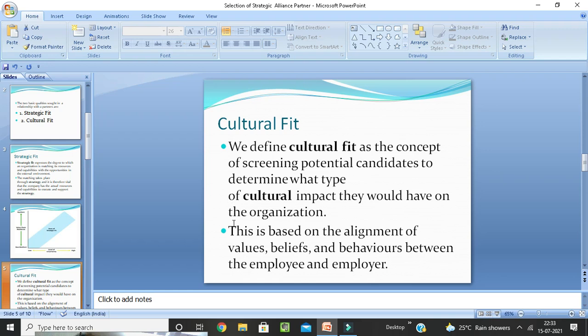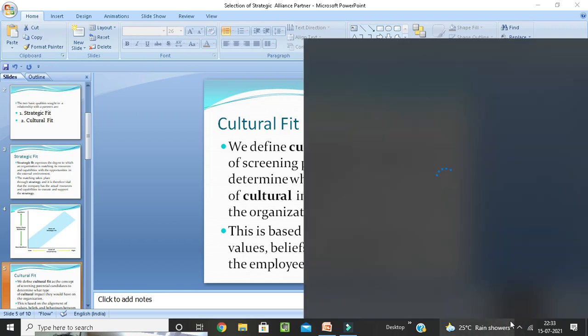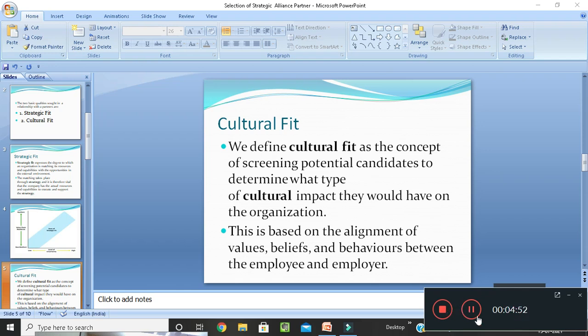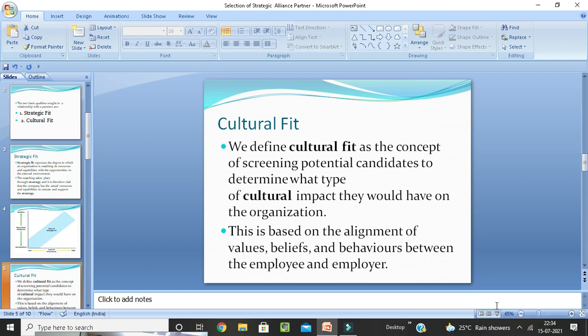An attitude of understanding of cultural differences and willingness to compromise in the face of cultural problems is important to alliance effectiveness.